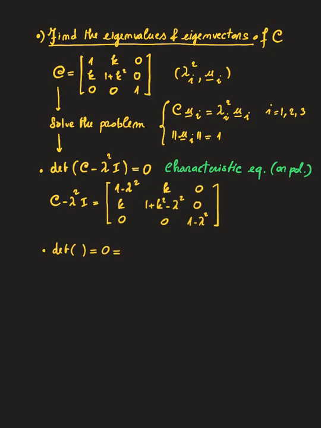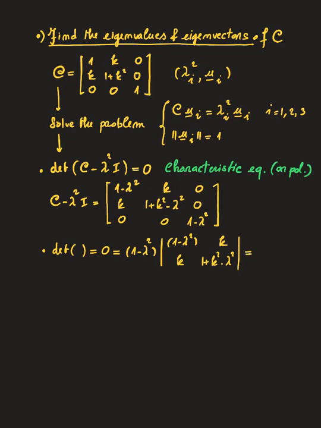Now, what is this determinant? Well, we can expand the determinant of this matrix. For example, it is convenient to use this last line. So it would be essentially this value times the determinant of the sub-matrix here. So it becomes 1 minus lambda squared times the determinant of 1 minus lambda squared, k, k, 1 plus k squared minus lambda squared.